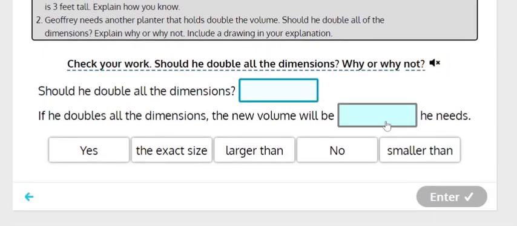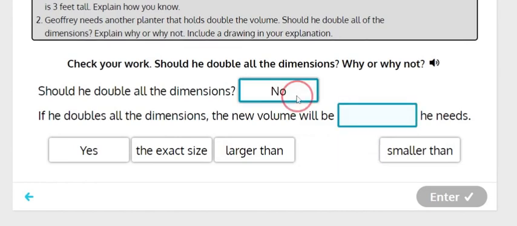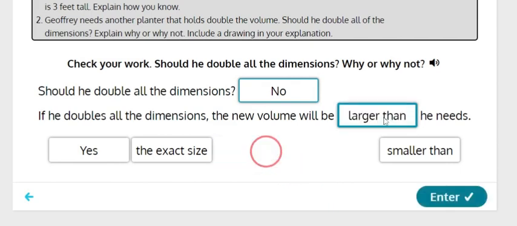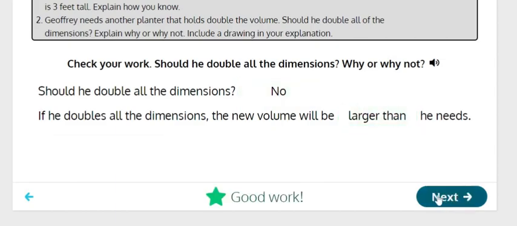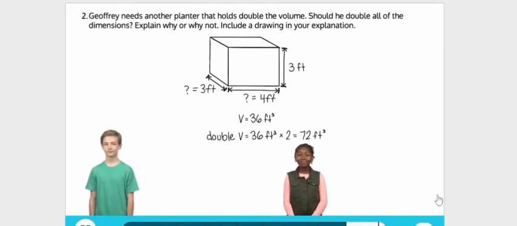Check your work. Should he double all the dimensions? Why or why not? There are a lot of different ways to approach this problem.